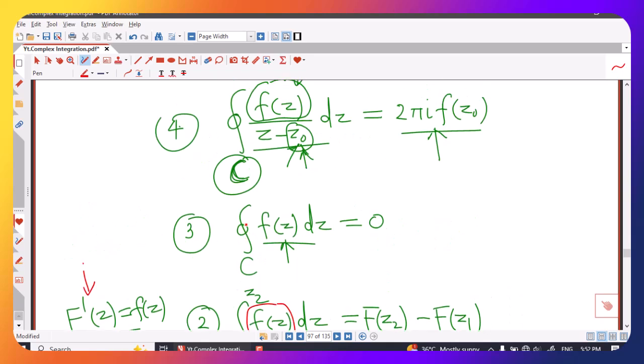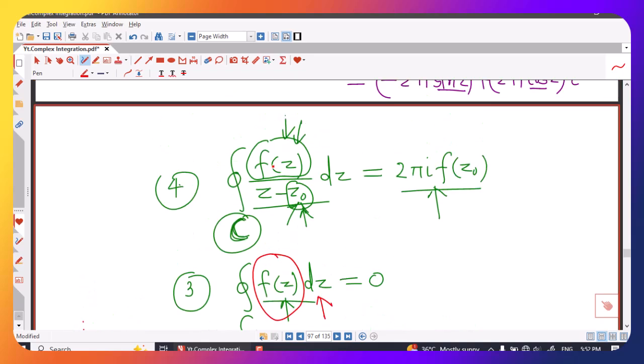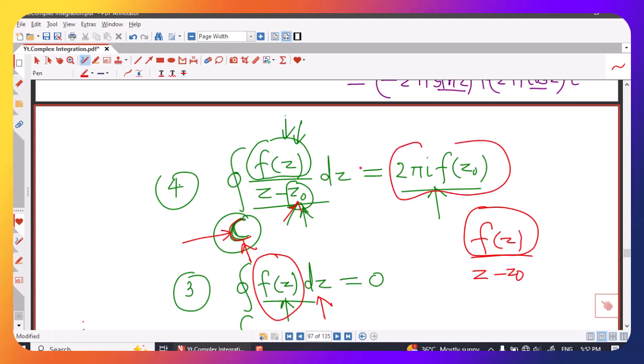If your function is analytic everywhere inside and on a simple closed contour, then you can apply Cauchy-Goursat theorem and your integral is 0. And if your function can be written in this form, f of z divided by z minus z0, where this f of z is analytic everywhere inside and on a simple closed contour C, and this z0 is interior to this simple closed contour C, then you can apply Cauchy integral formula.